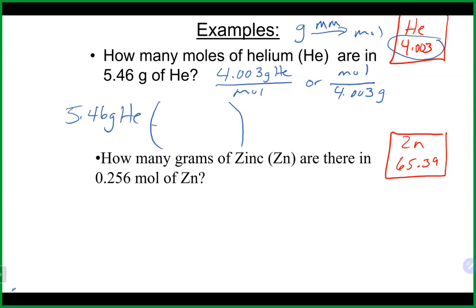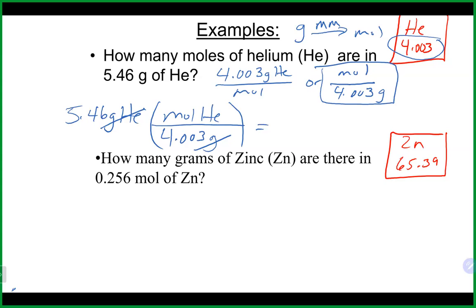Remember, opposites cancel, so grams are on top and we want to use the conversion factor with moles on top, 4.003 grams on the bottom. Grams cancel, and we take 5.46 divided by 4.003, which gives us 1.36 moles of helium, with sig figs based off that number. Any questions on that calculation?